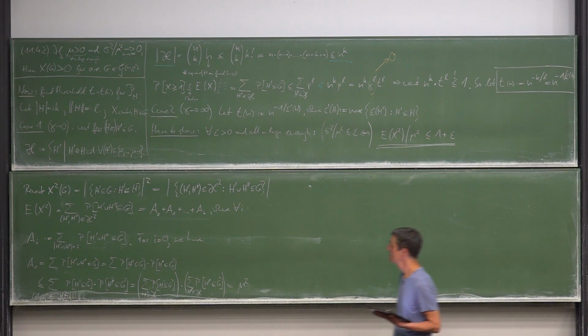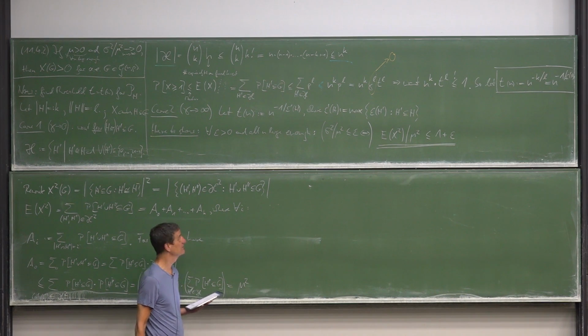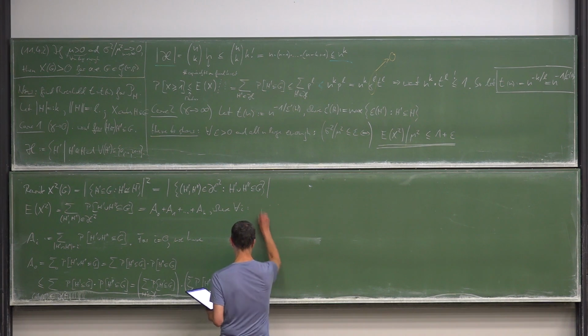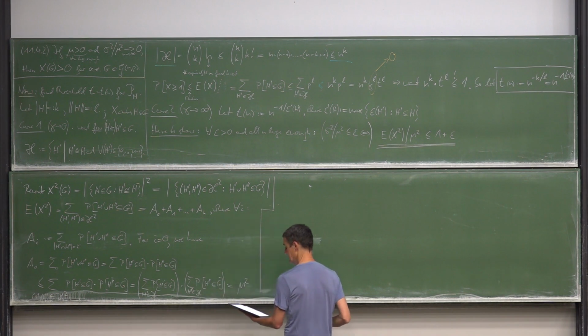So A0 alone divided by mu squared is going to be 1. So the rest divided by mu squared is going to be less than a little bit. It will have to be, but it is. So let's do the rest.